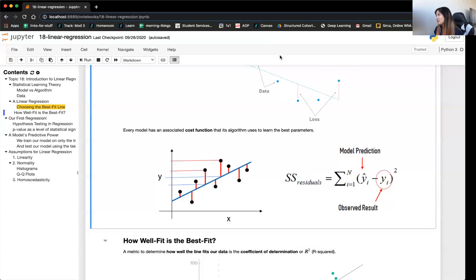What you will do is compute this difference, compute that difference, square it, compute this difference as well, square it, add it up, and that will be your sum of squared residuals.